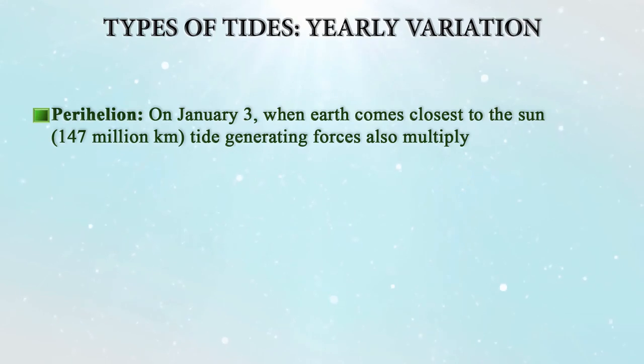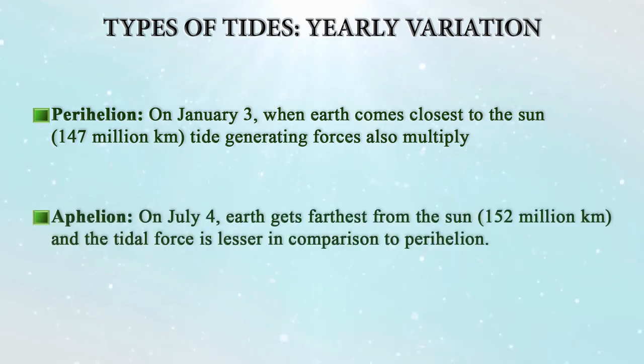At one point the earth comes closest to the sun, about 147 million kilometers, and this point is called perihelion, and it happens on January 3. At one point the earth is farthest from the sun. It happens on July 4, and the position is called the aphelion.